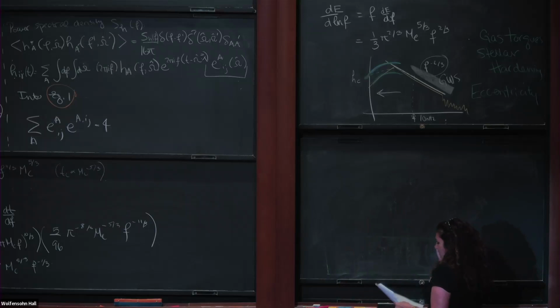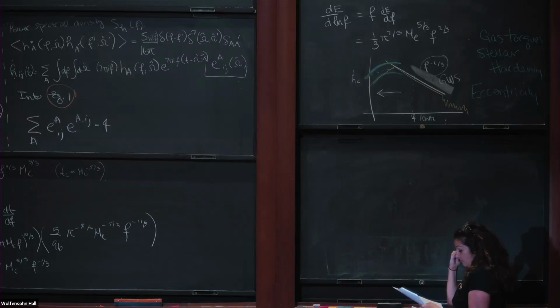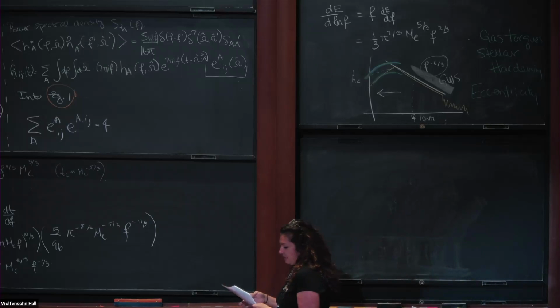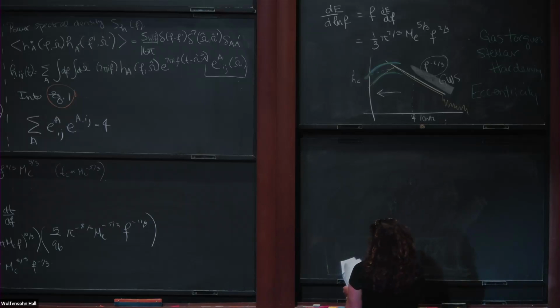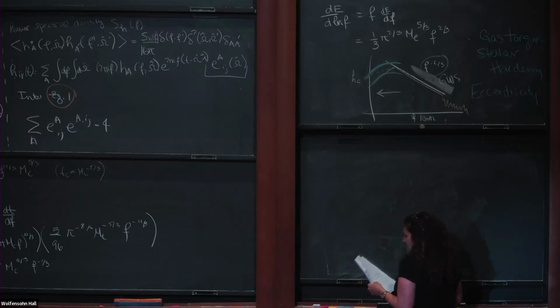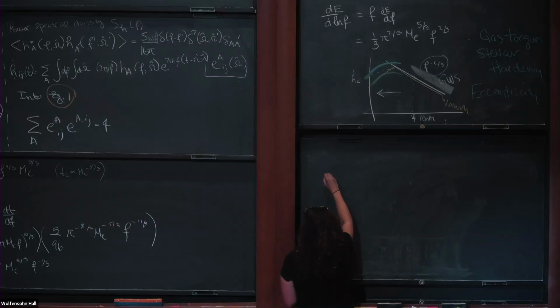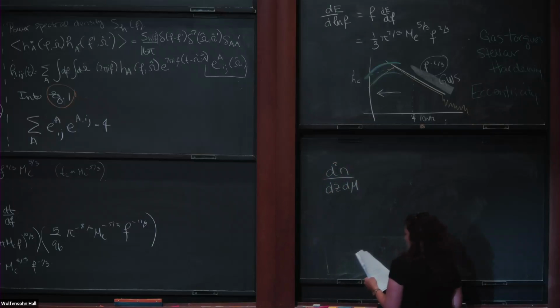All right, so we have our function for dE by d log f. All right, what's the next thing that we need? Well, we need to write down a connection between our astrophysical population of binaries and omega GW. So let's consider the co-moving number density of binary coalescences per unit redshift and per unit chirp mass. Okay, so let's connect these things. So I'm just going to define this quantity for you, d squared n by dm dz.